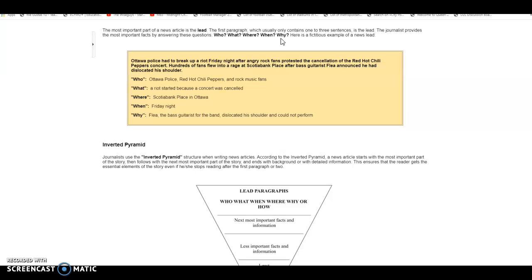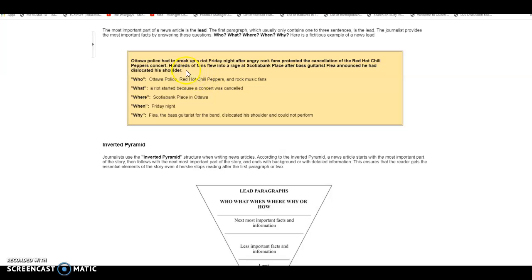Every time you tell a news story, what you're trying to do is answer those questions. Who was involved in the event that you're reporting on? What happened? Where did it happen? When did it happen? And why did it happen? If you can answer those 5 questions, you have the basic material information that you need for a news report.